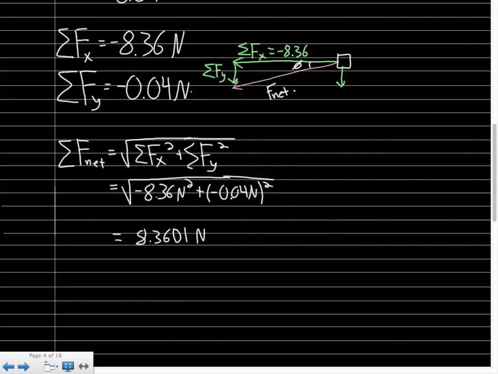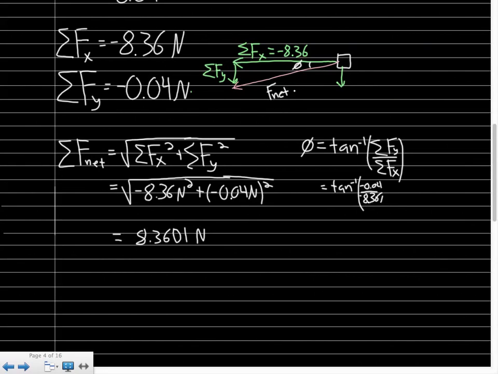Now the angle, theta, is equal to inverse tangent of opposite over adjacent, which in our case is tangent inverse of negative 0.04 and negative 8.36.